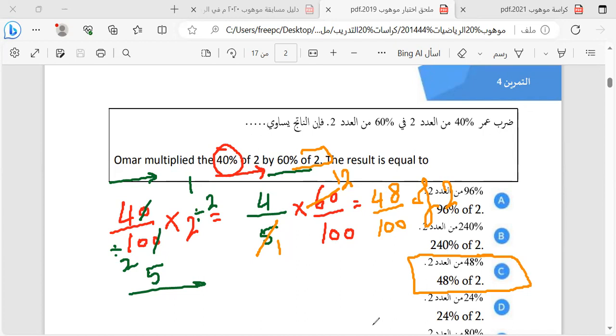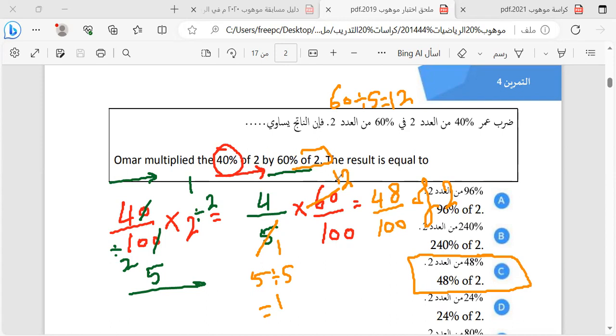I don't understand. How did you get 4 out of 5? You simplify only in pairs. Because 5 divided by 5 equals 1. 60 divided by 5 equals what? 12. Yes.